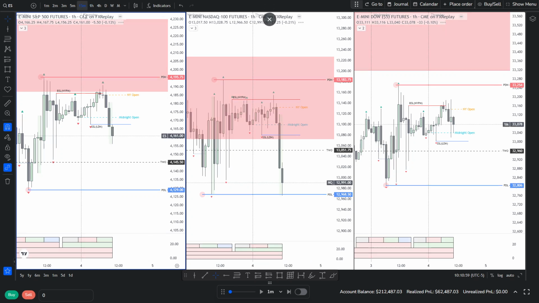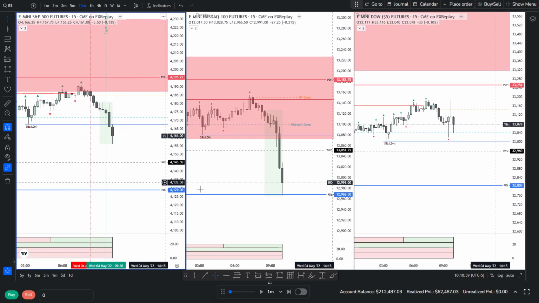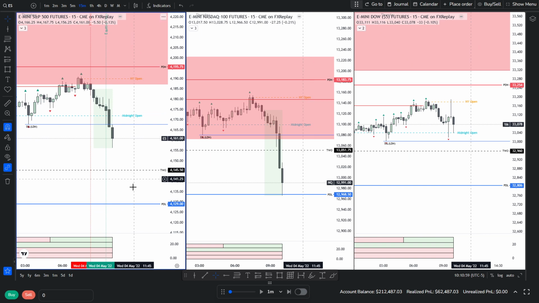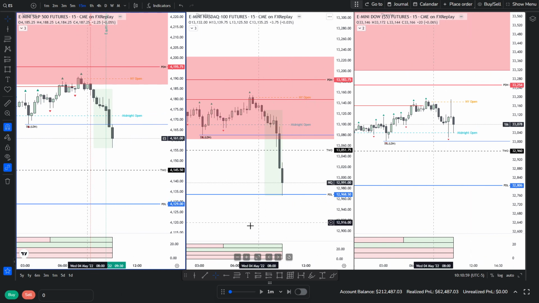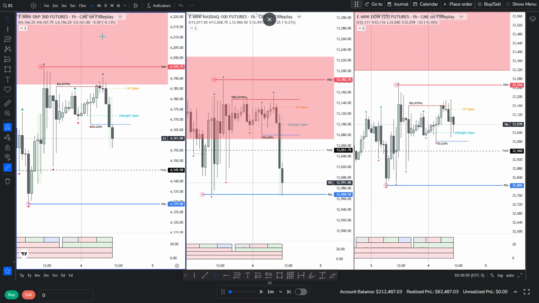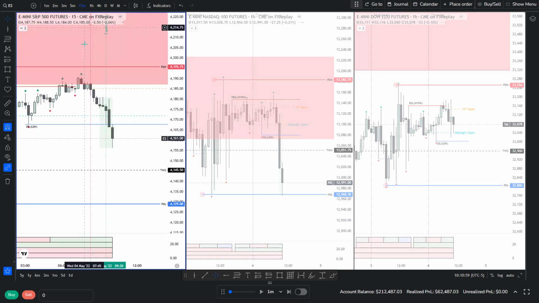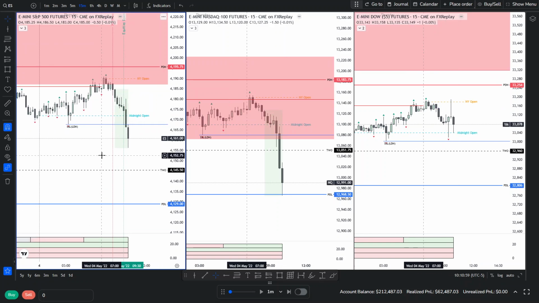Okay. So NQ has tapped. It's a very shallow tap, which could certainly indicate that it might revisit there. So it's now sort of left relative equals, but let's continue.